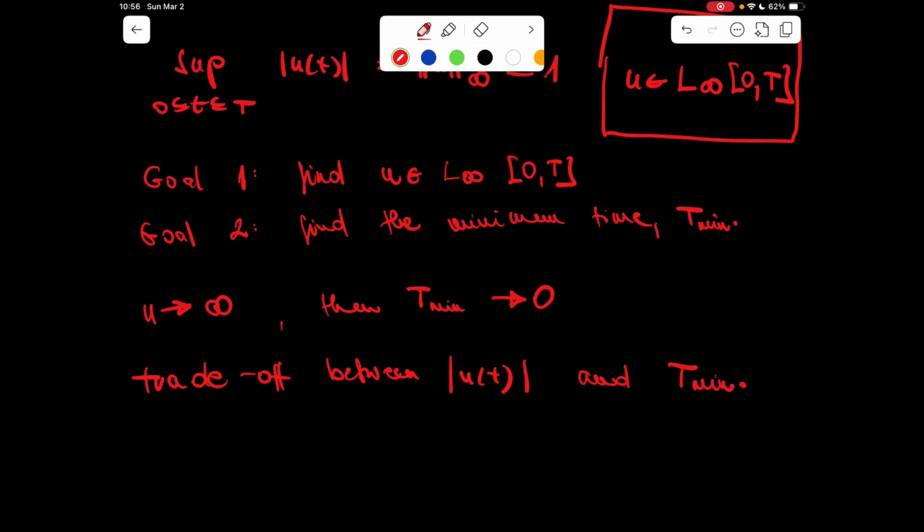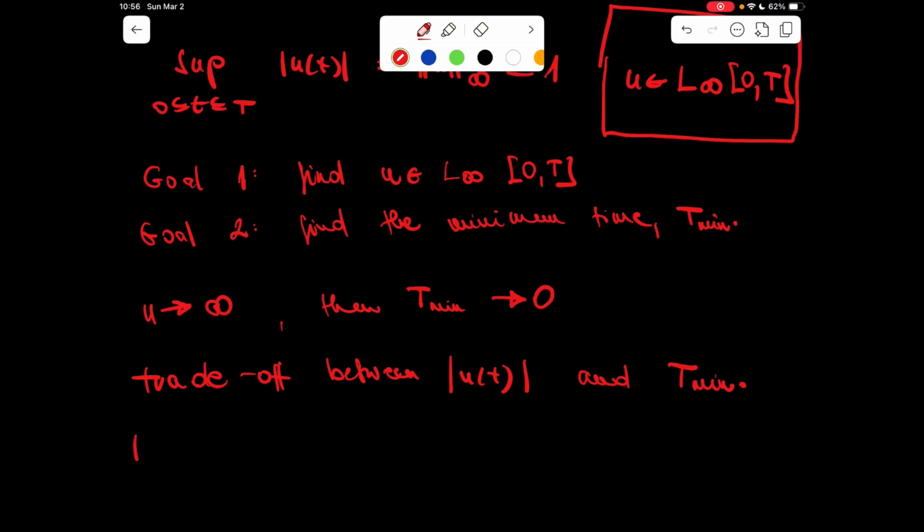If we want to reduce the necessary time, we will need high u functions. So if we had a small value for t, then our u, we cannot be sure that u will not be higher than 1.